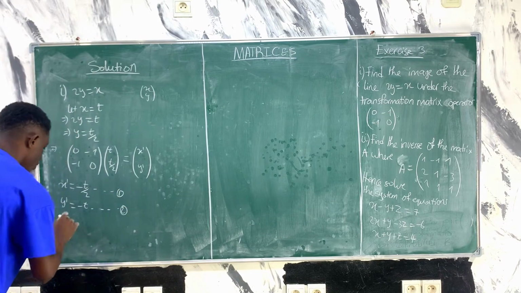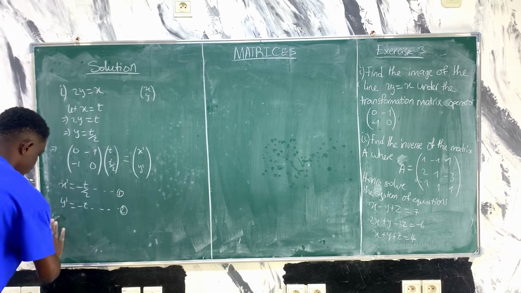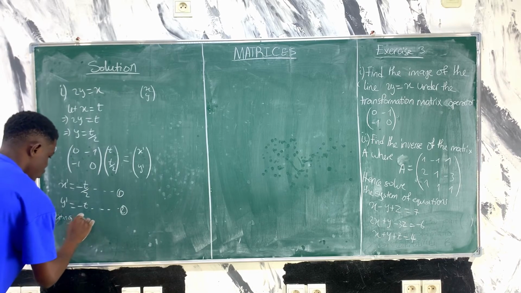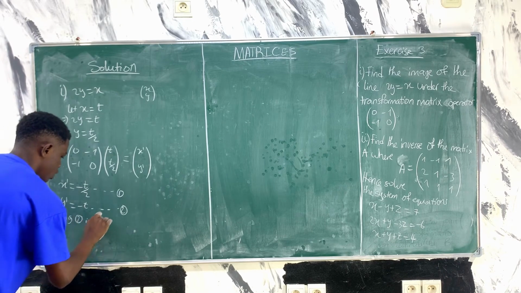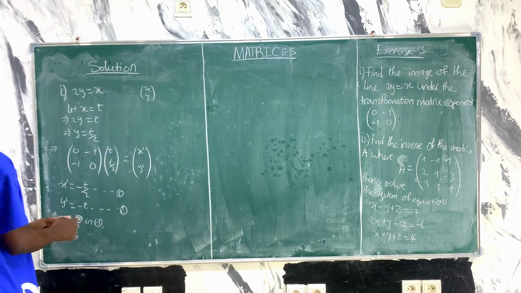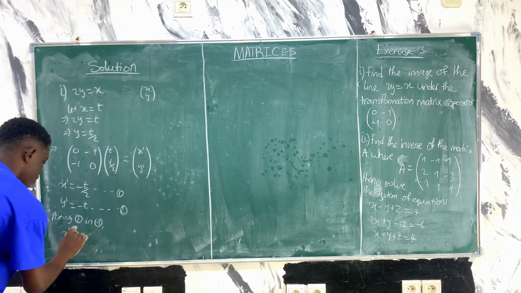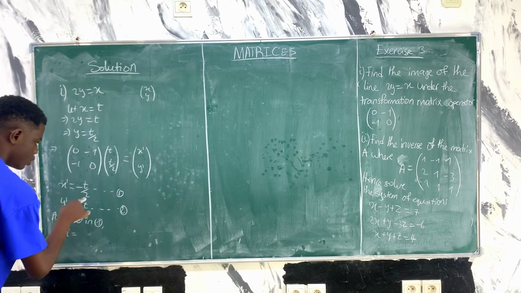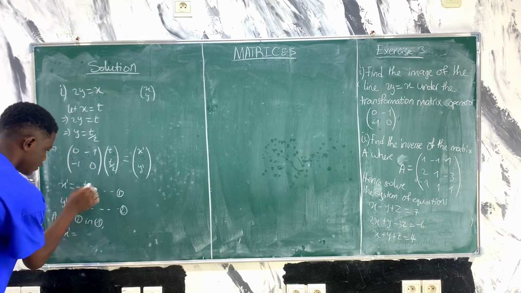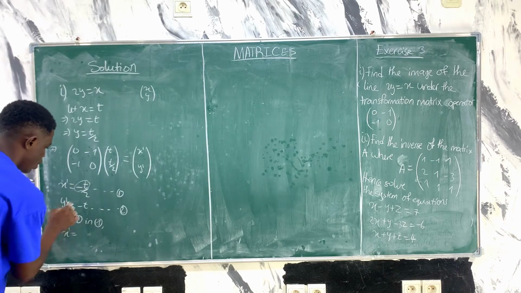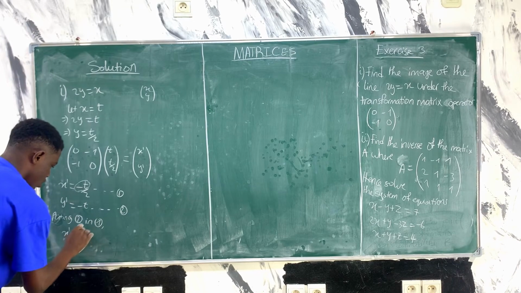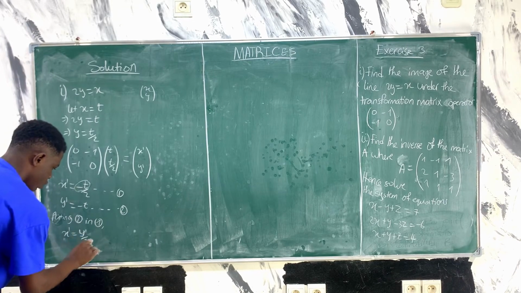This is equation 2. Putting 2 in 1, we replace the negative t here, we have x prime will be equal to, just putting y prime there, y prime on 2.